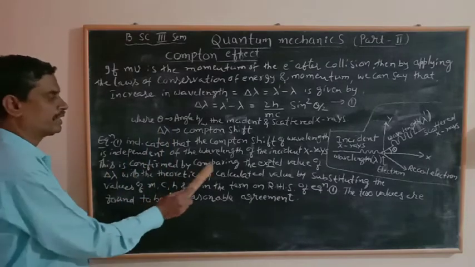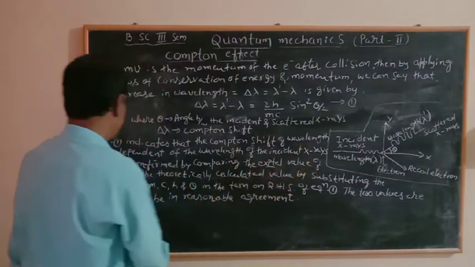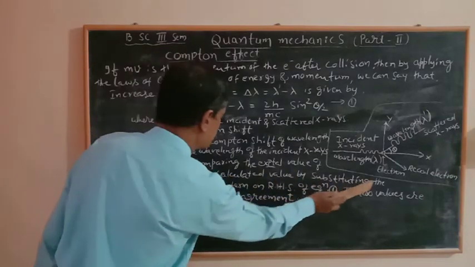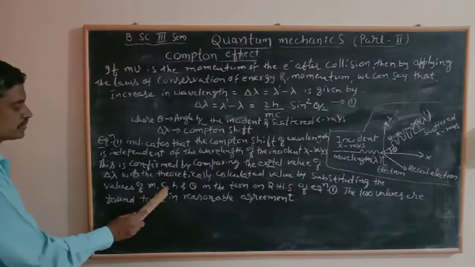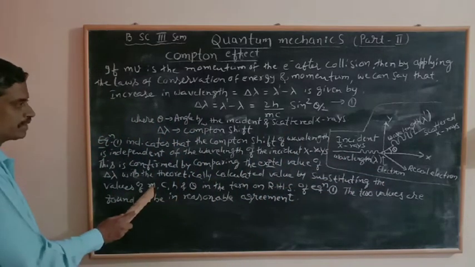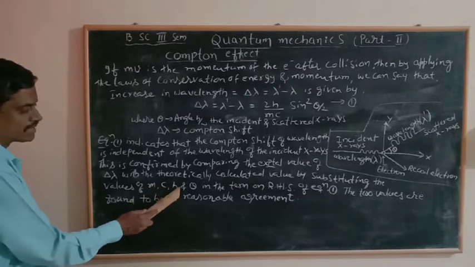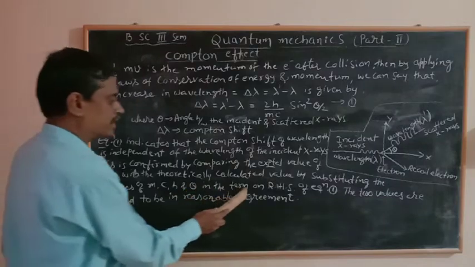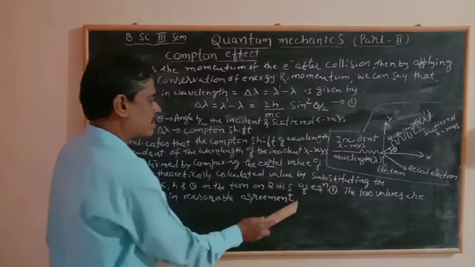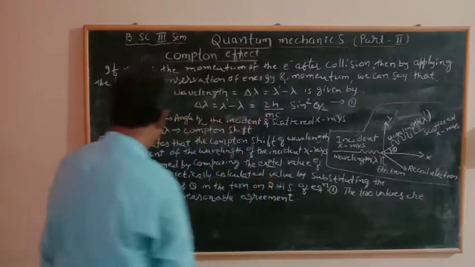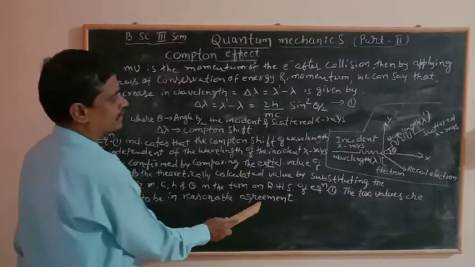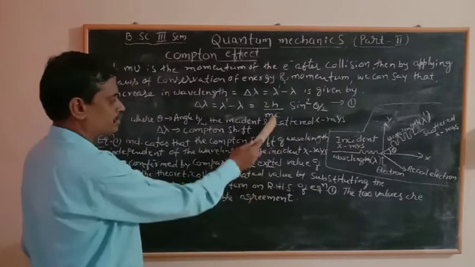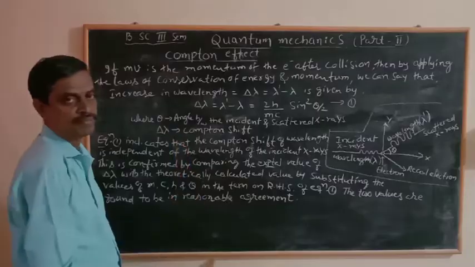This is confirmed by comparing the experimental value of delta lambda with the theoretically calculated value by substituting the values of m, c, h and theta: mass of the electron, velocity of light, Planck's constant, and the angle between the incident and scattered X-rays. In the term on the RHS of equation 1, the two values are found to be in reasonable agreement. That means the value calculated theoretically and the value obtained by experiment are almost the same.